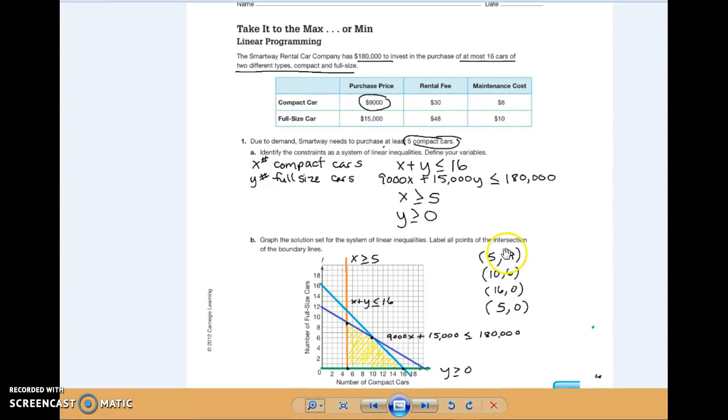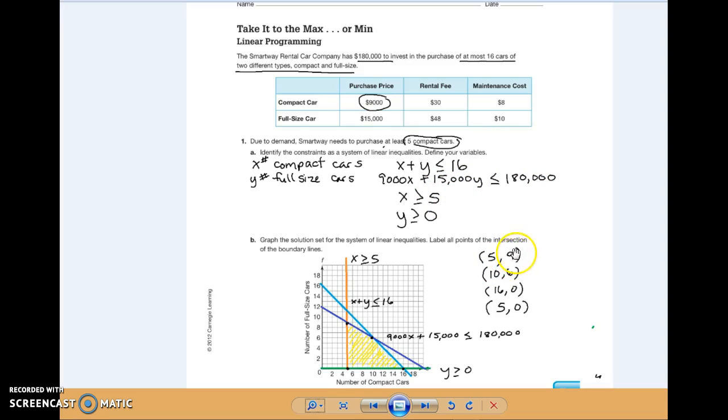Remember our graph, we listed those boundary points: 5, 9; 10, 6; 16, 0; 5, 0. And remember, each of those x and y's represents the number of cars. So to stay within our range, but to be at the farthest distance, like the maximum, we have 5 compacts and 9 full-size cars. That will meet the constraints of our problem, which said that we could only have 16 total cars, and we had to spend only $180,000, and we needed at least 5 compacts.